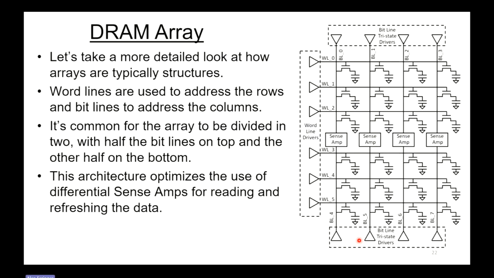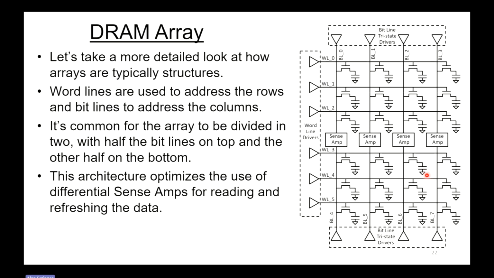So let's take a more detailed look at how a DRAM array is typically structured. You have word lines that address the rows. All these lines that run left to right are called word lines. And then you have bit lines that address the columns. The vertical lines here are the bit lines.